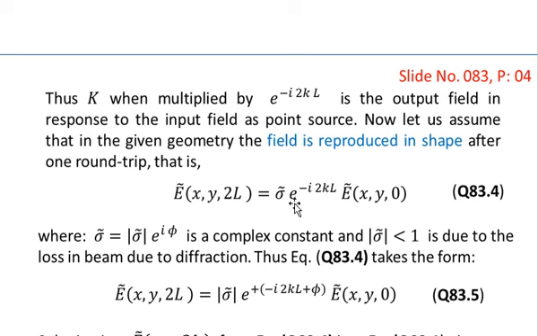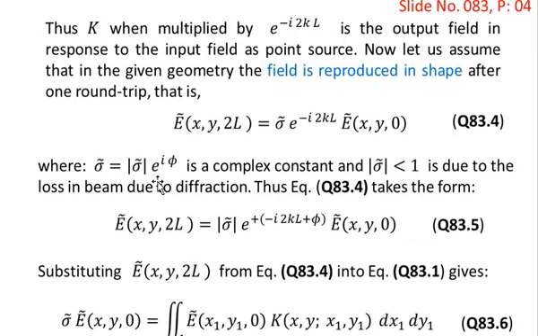But of course there are some factors, for example sigma prime and e to the power minus iota 2k into capital L. E to the power minus iota 2k into capital L takes care of the phase when the light travels the total distance equal to 2L. And sigma prime is equal to sigma mod into e to the power iota phi, a complex constant, and sigma mod is less than 1 because the output cannot be greater than the input.